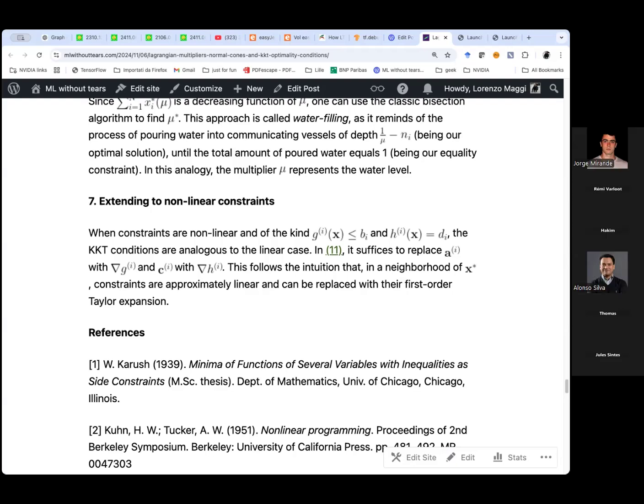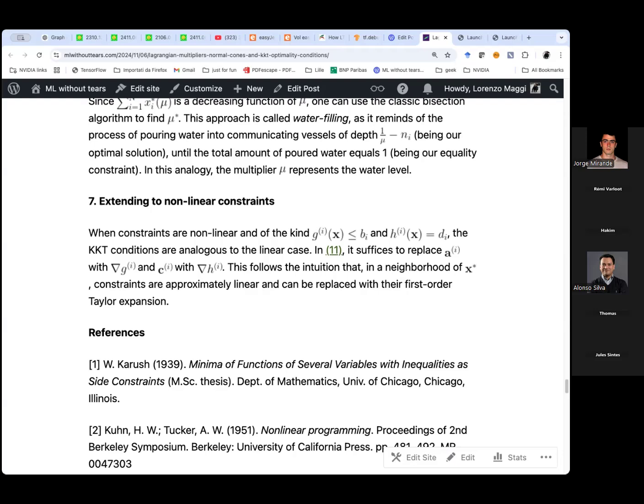I agree. If you start from the Lagrangian function, then a lot of doubts start popping in. I had the recipe, so I applied the recipe, and I found the result. But I had a question, and your chapter 7 answers my question. I was planning to ask if we could apply this to nonlinear constraints. Yeah, absolutely, but you still need to have something that is convex.